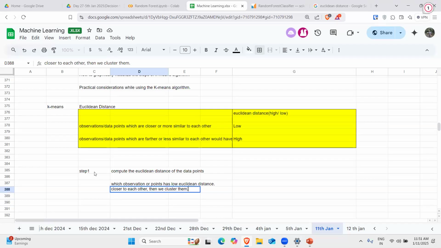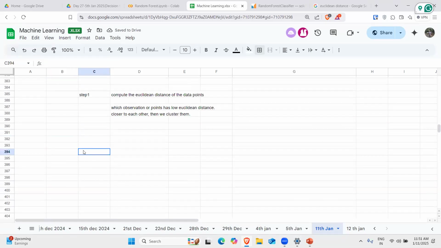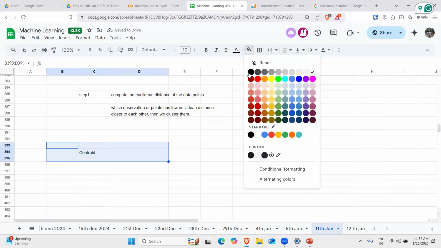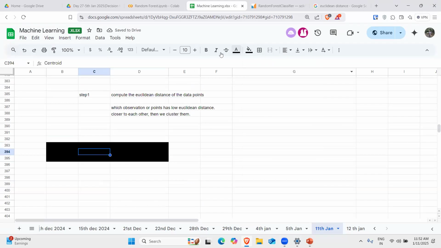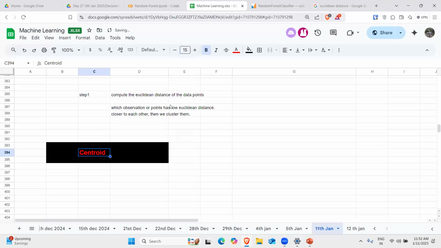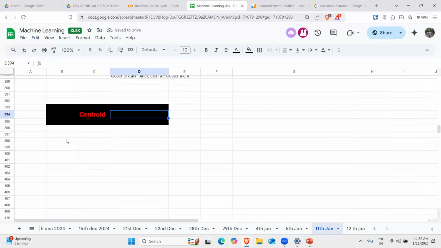Perfect. Now there's another term known as centroid. Let us discuss that. The next concept that is crucial for understanding how clustering generally works is the idea of centroids.